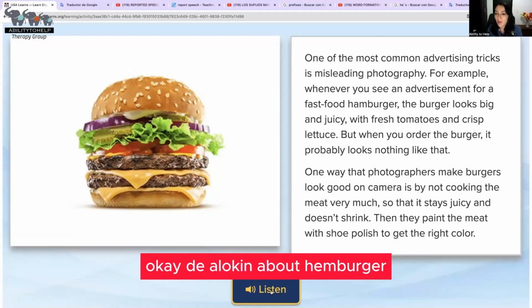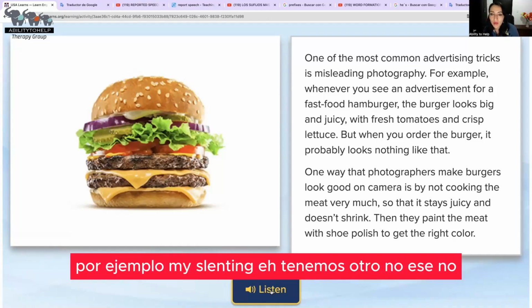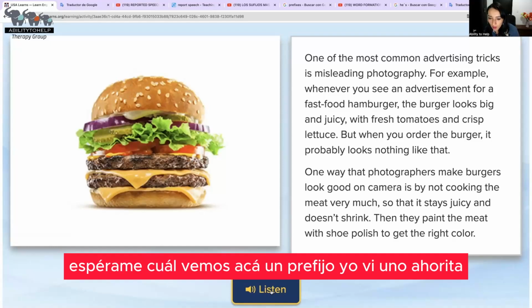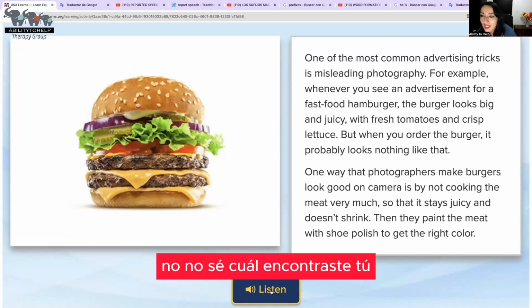Okay, they are talking about hamburgers. So we have prefixes. Tenemos algunos prefijos aquí. Por ejemplo, misleading. Tenemos otro, no, ese no. Espérame, ¿cuál vemos acá? Un prefijo. Yo vi uno ahorita, pero probablemente no. No sé cuál encontraste tú.